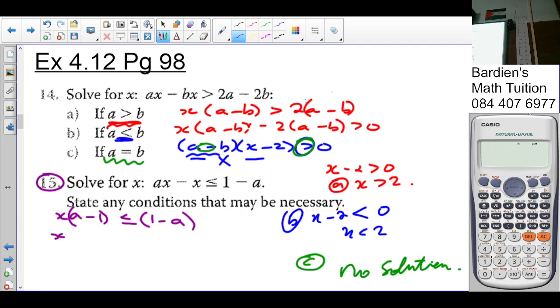So x into a minus 1, minus a minus 1, is less than or equal to 0. So a minus 1 into x minus 1 less than or equal to 0. State any conditions that may be necessary.